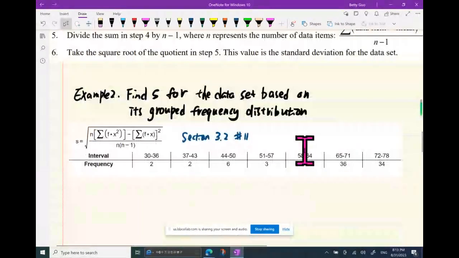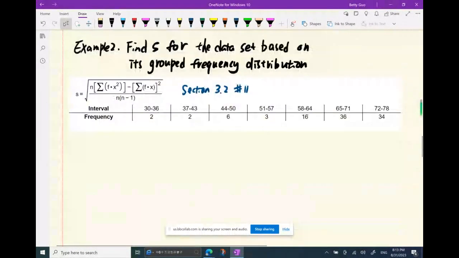Okay, example 2. Example 2 is how do we estimate sample standard deviation if we are not given the raw data set. Instead, we are only given a grouped frequency distribution table.